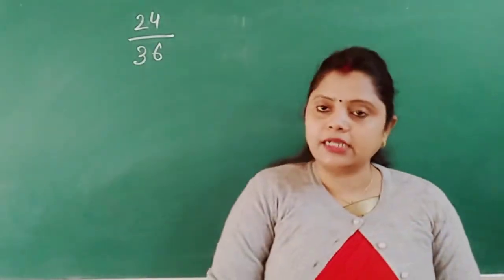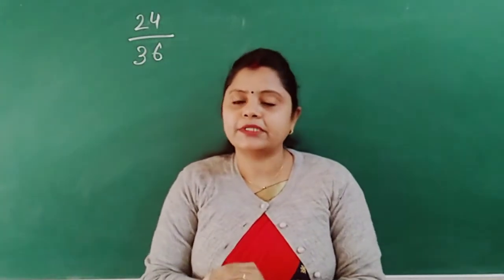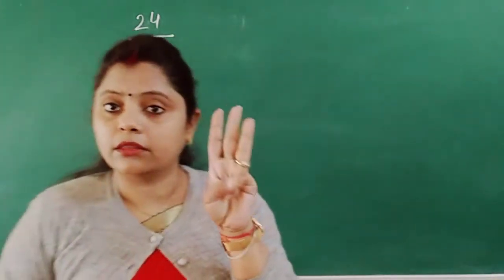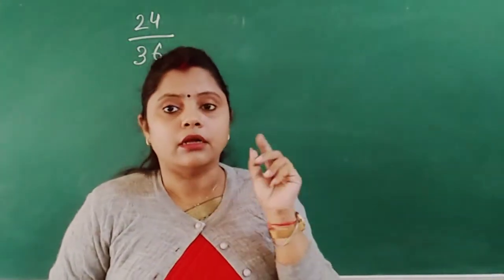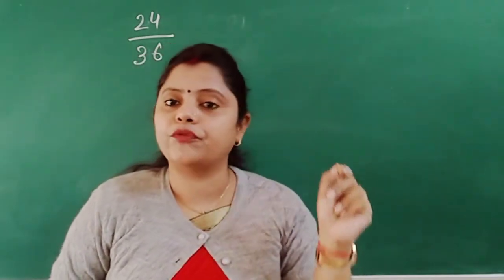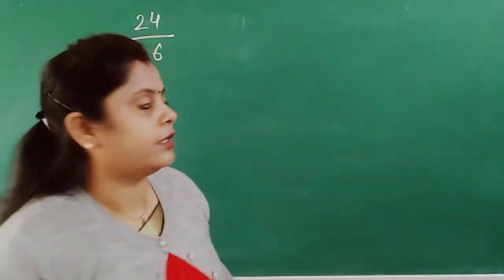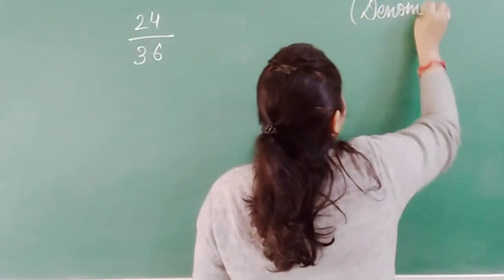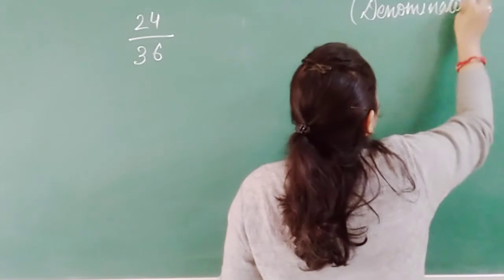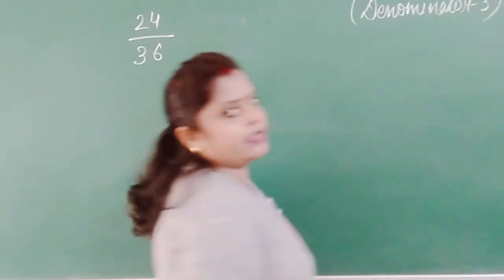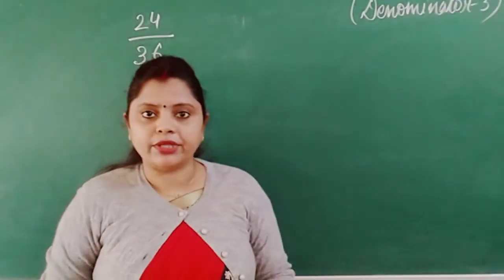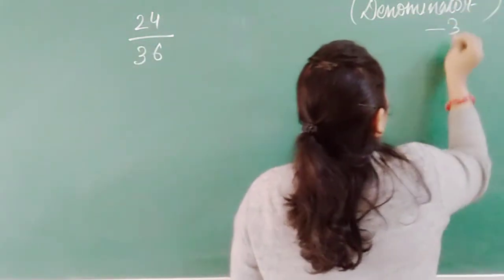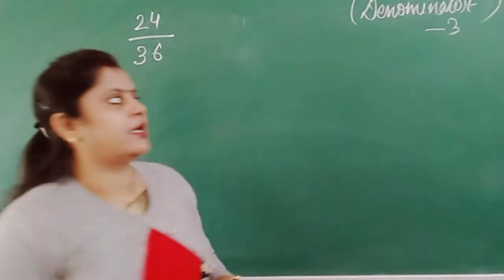Now it has been asked to represent this one with denominator 3. Here we have to write the equivalent fraction with denominator 3. So the condition is denominator 3. Denominator 3 is being asked. Let me write it a little bit down. So this 3 is being asked, this one.